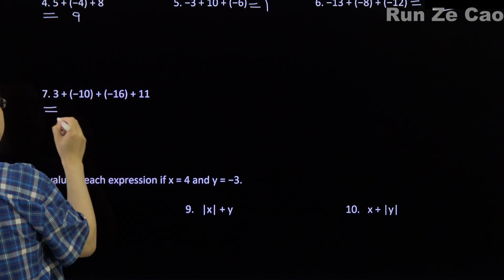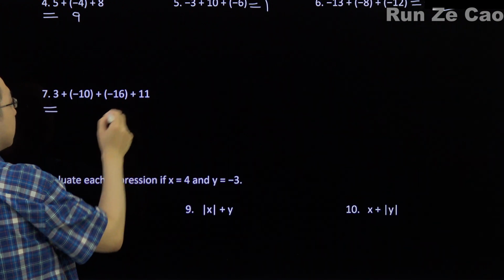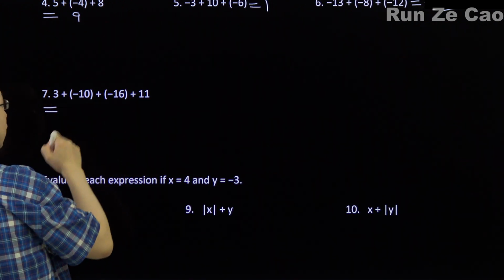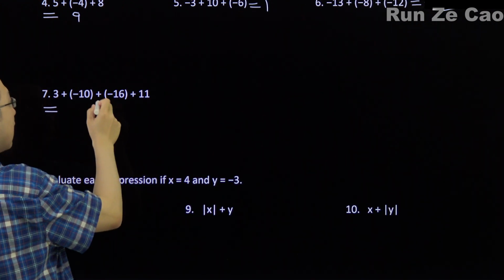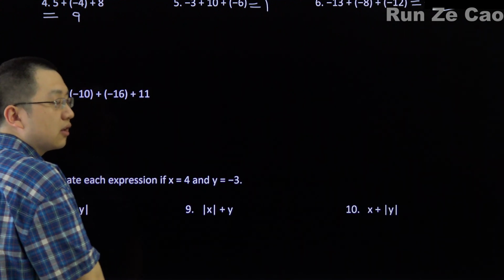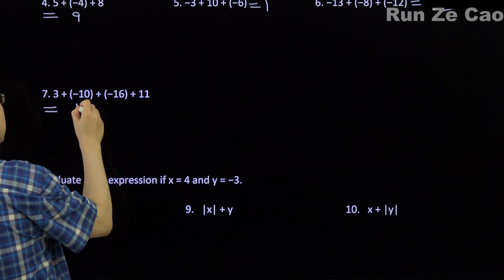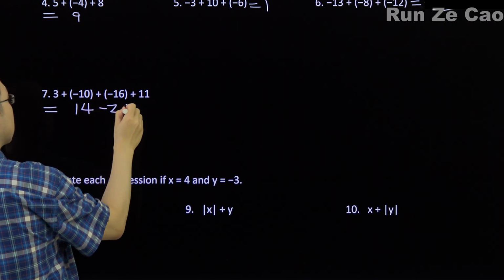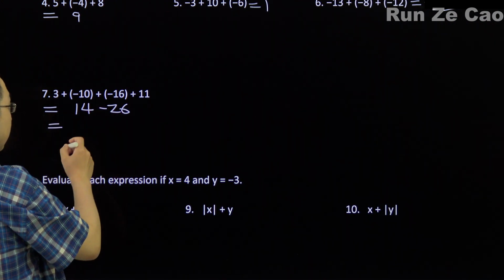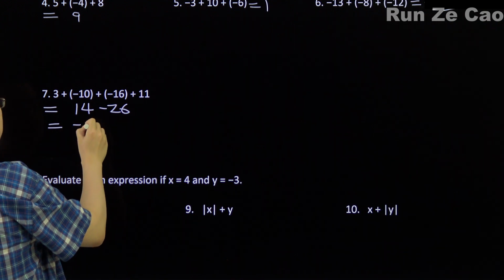So 3 positives, 11 positives, that's a total of 14 positive, and then negative 10 and negative 16, that's a total of 26 negative. So you could say this is 14 minus 26. So that would give us negative 12.